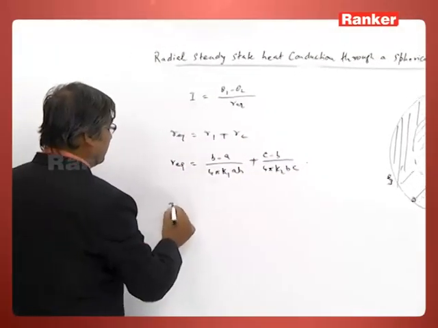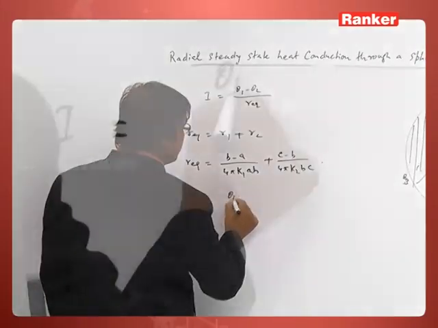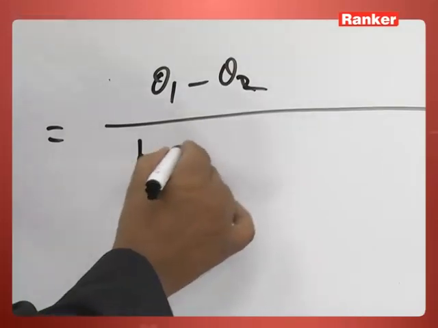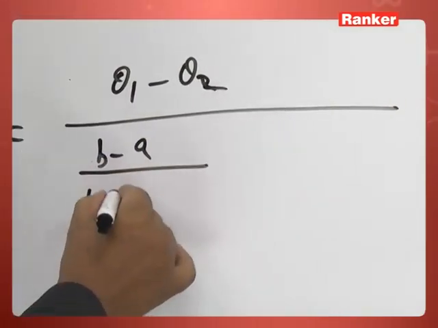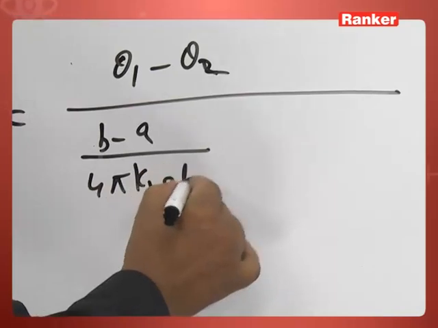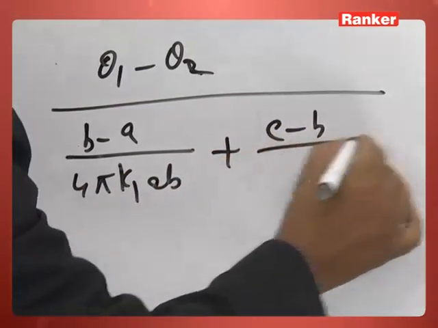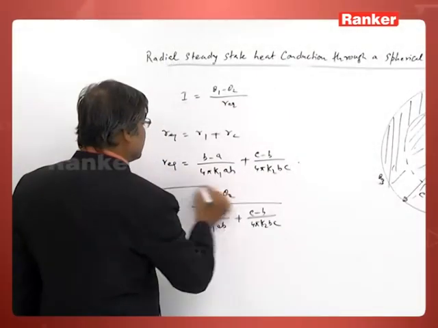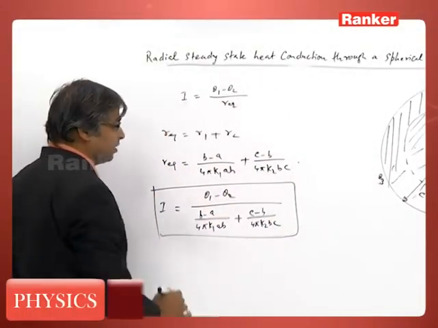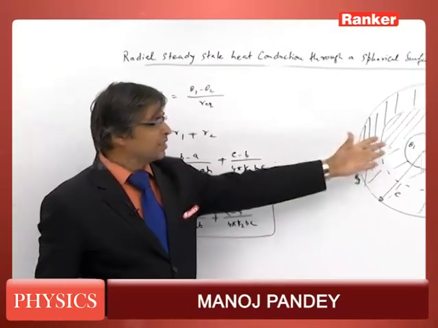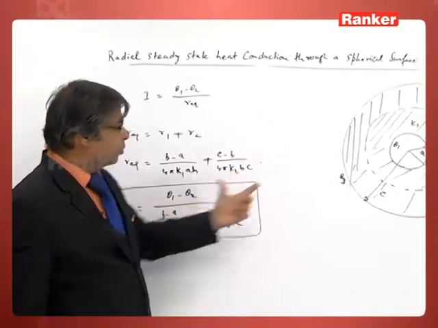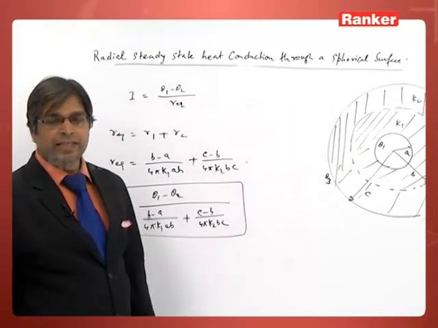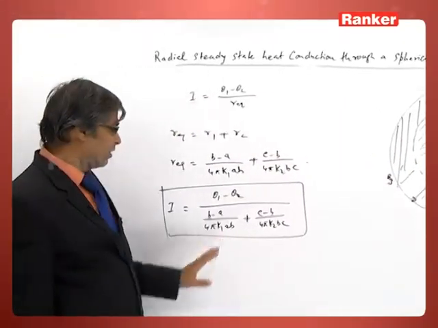Thus, we have I is equal to (theta 1 minus theta 3), the temperature difference, by [(B minus A) by 4 pi K1 AB plus (C minus B) by 4 pi K2 BC]. This is how much the net steady state heat current will be through this composite spherical thermal resistor or conductor, whatever we say.